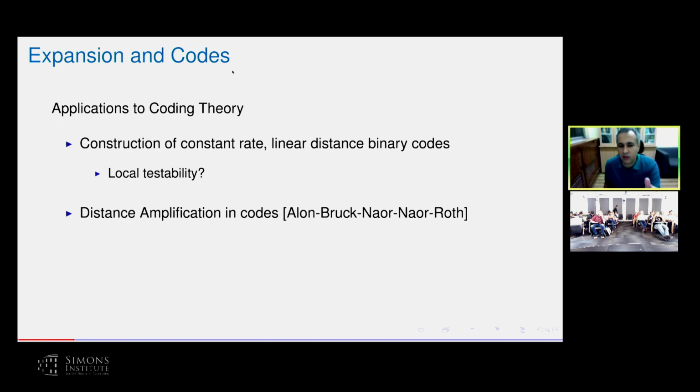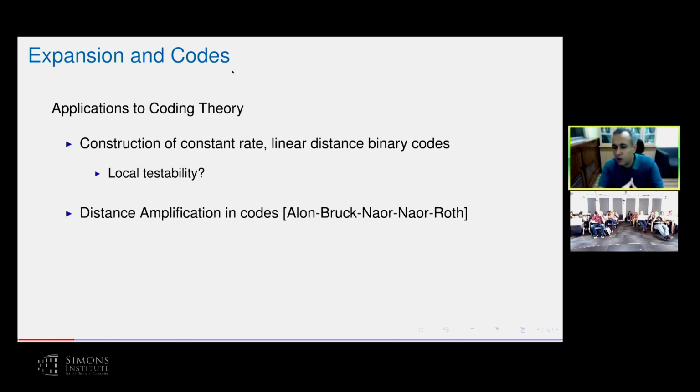So what you want to ask is, we had expanders give rise to constant rate linear distance binary codes. Can we further soup up this object with the additional property of local testability? That's one question we could ask. There was this other application of expanders towards distance amplification. You could take a code with small distance and out of it build a code with large distance.